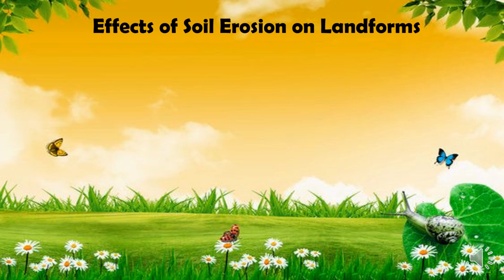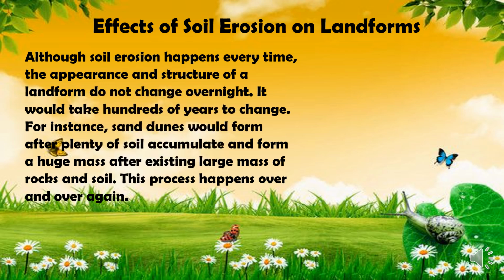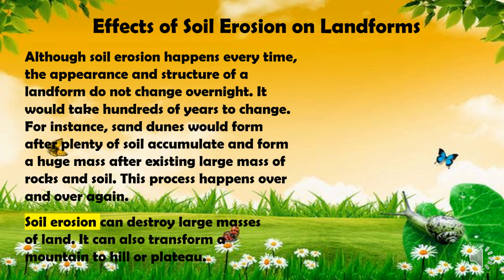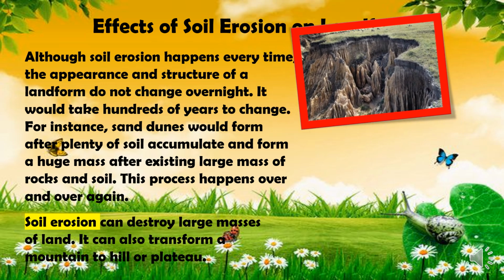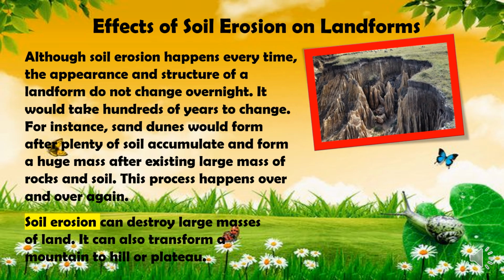Here are the effects of soil erosion on landforms. Although soil erosion happens all the time, the appearance and structure of a landform does not change overnight. It would take hundreds of years to change.